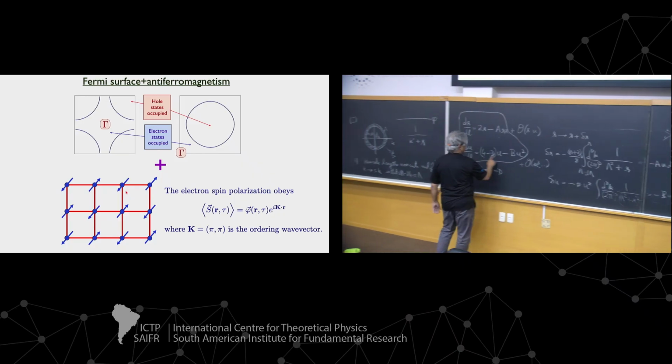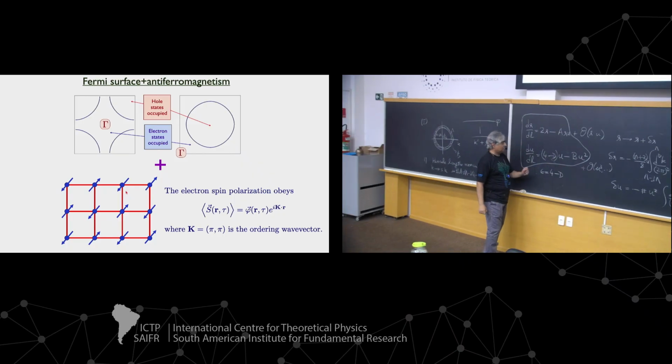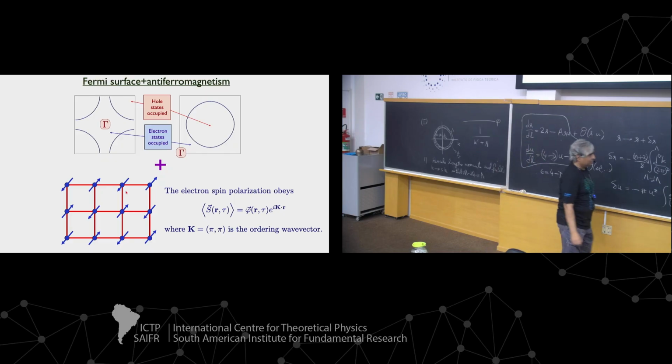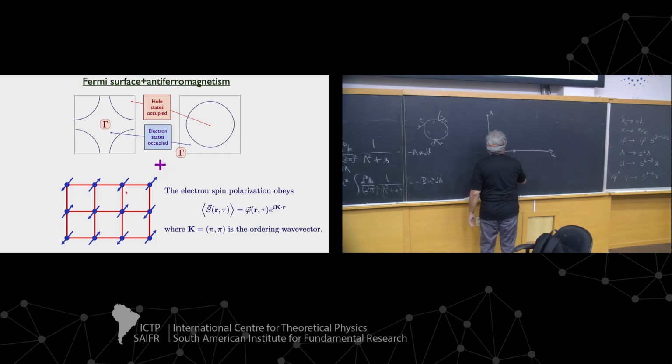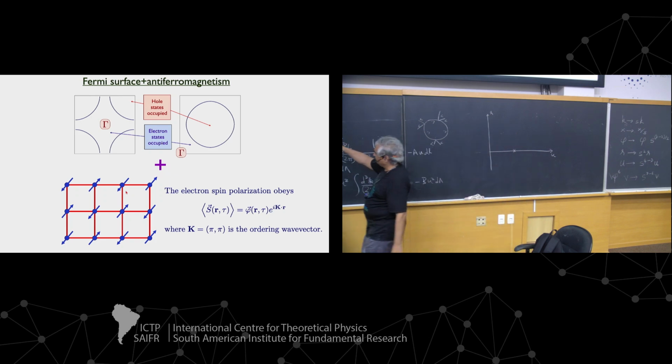So this thing has a beautiful fixed point. Just look at the u flow. du dl is 0, where this is epsilon. So there's a fixed point at u star right here. This may not be perfectly correct. There are some higher order terms that I may have forgotten.